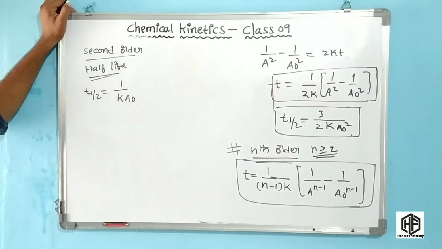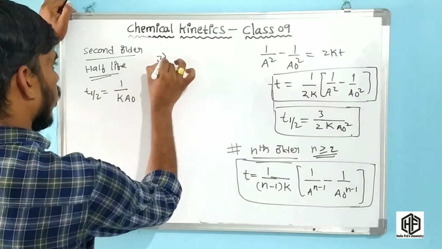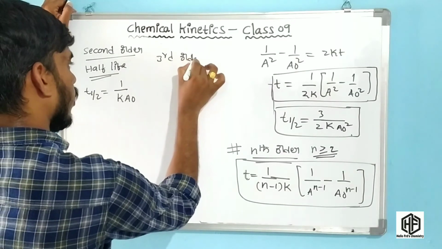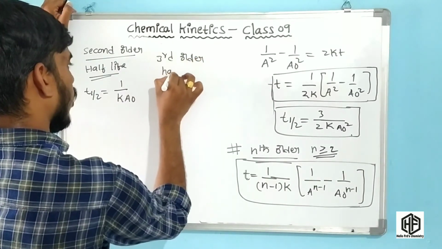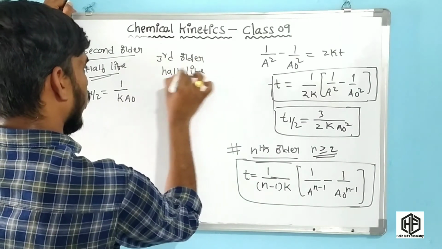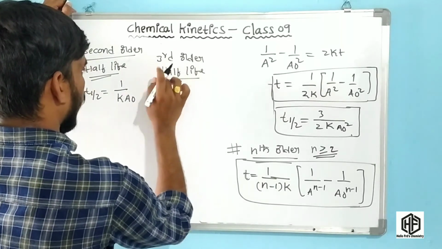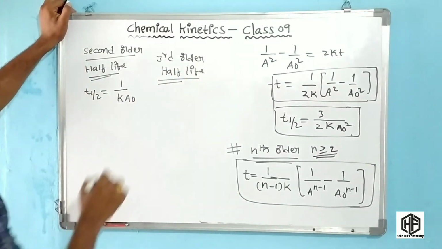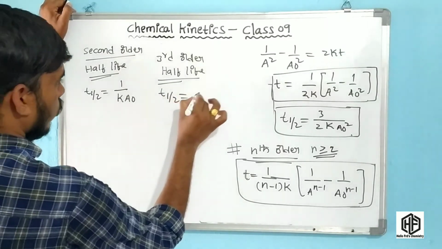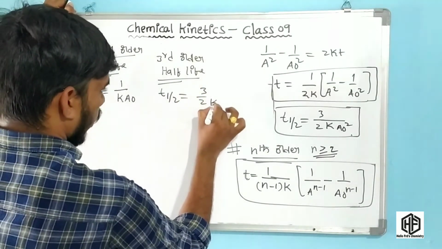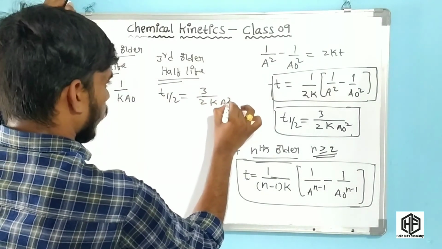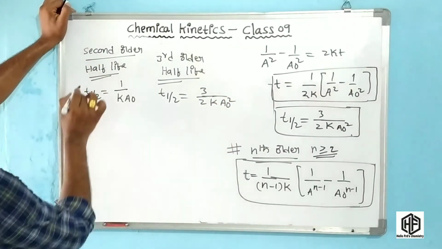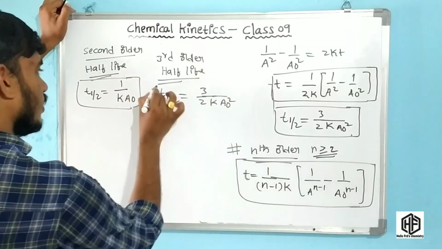But in third order, the half-life is T half is equal to 3 by 2 into K into A naught power square. This is the third order and this is the second order.